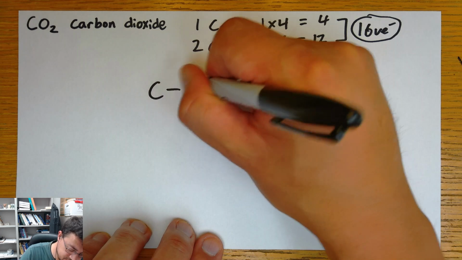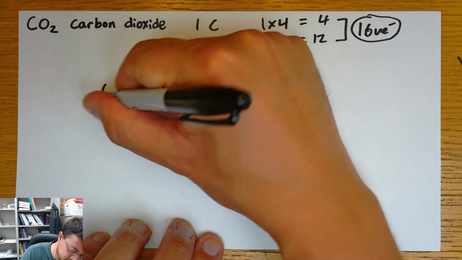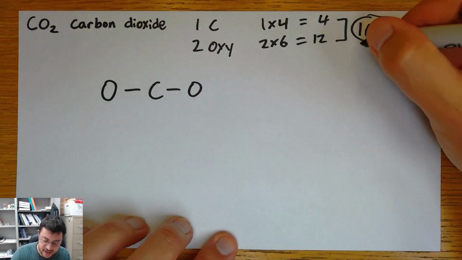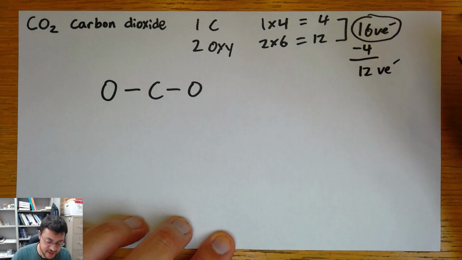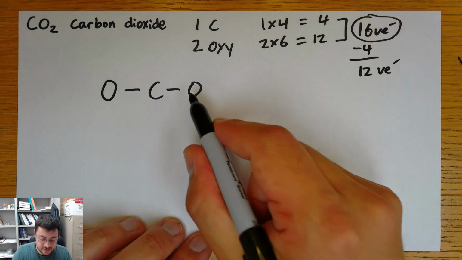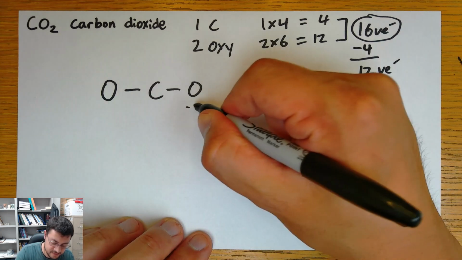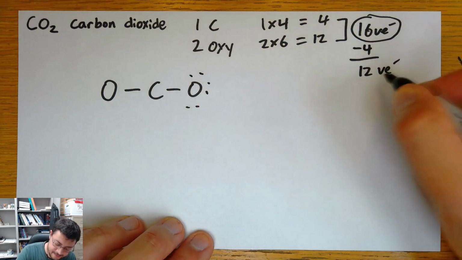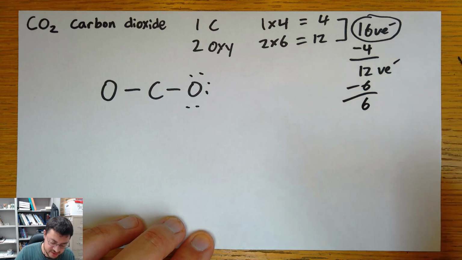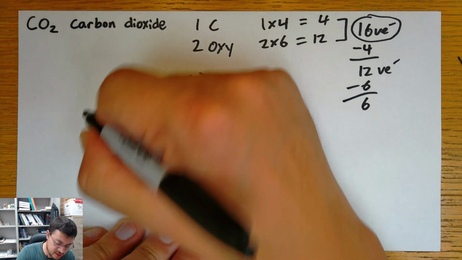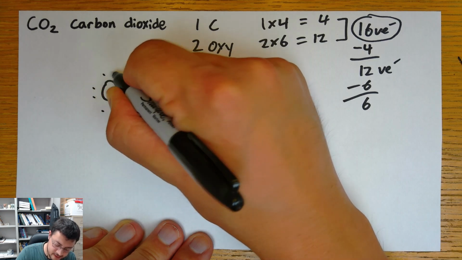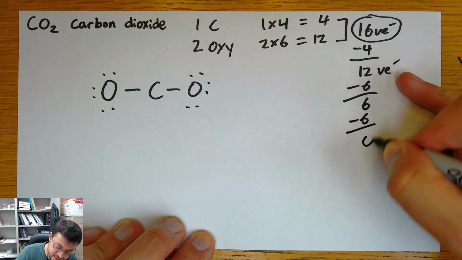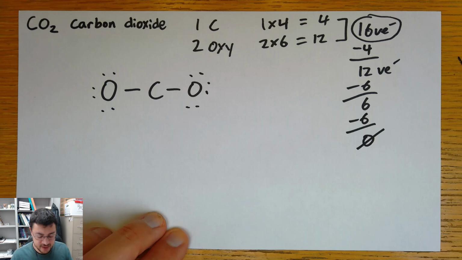Bond oxygen. Bond another oxygen. We have spent 4. We have 12 left to spend. This oxygen needs 6 more. That leaves me with 6 left. This oxygen also needs 6 more. That leaves me with nothing left to spend.